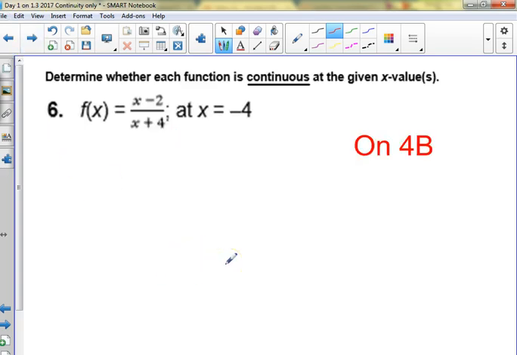What about this one? At -4, yes or no? This is on 4B, guys. Why no? It makes the denominator 0, yes? It's in the middle of 4B, I think is what he was trying to tell you.